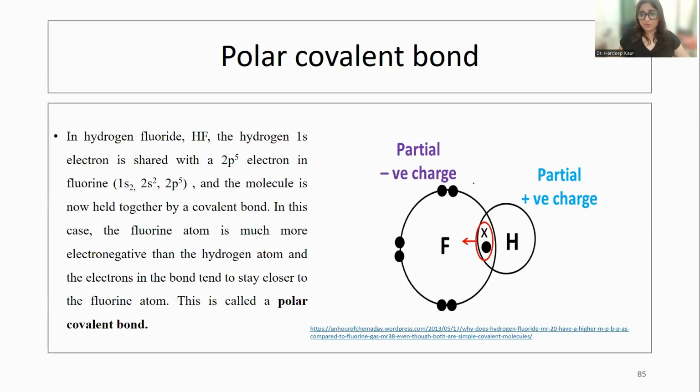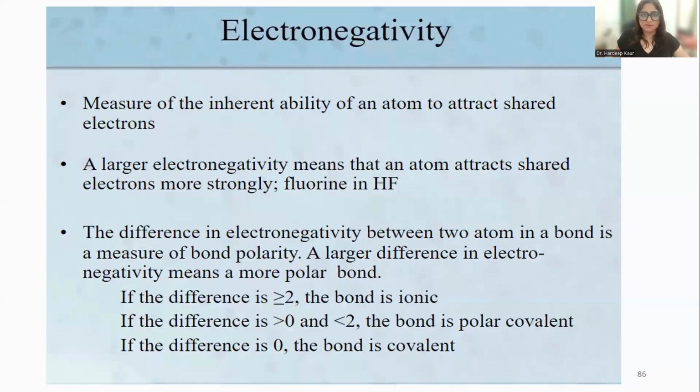If I take one example, hydrogen and fluorine: fluorine is the more electronegative atom, but they are not completely separated. They are just a little bit close, but there are partial charges. This type of bond is called a polar covalent bond.